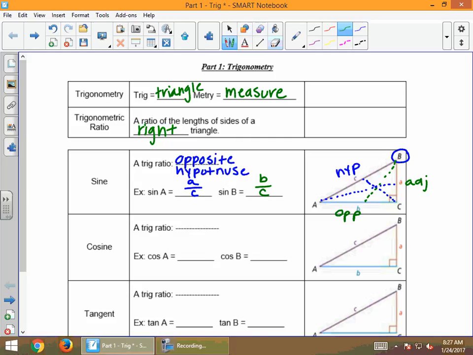Cosine is another trig ratio we will talk about, and the ratio for that is the adjacent side over the hypotenuse.